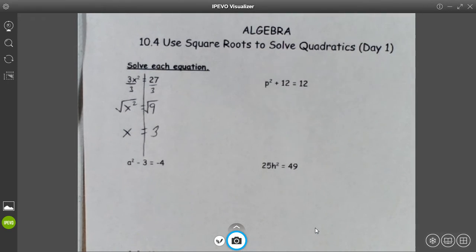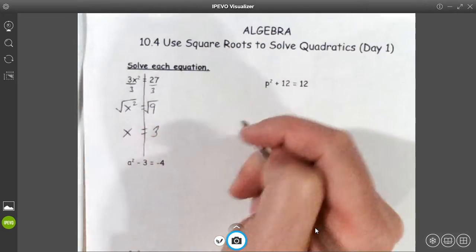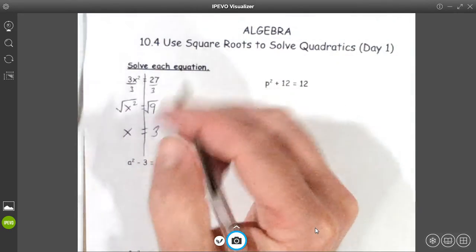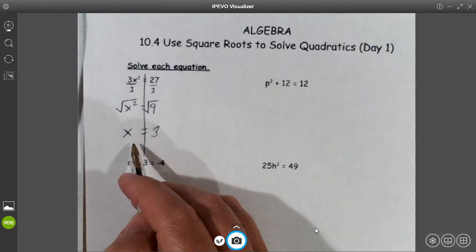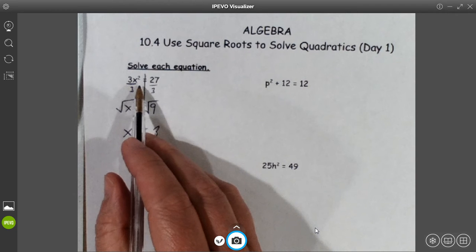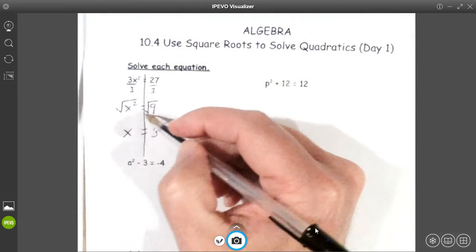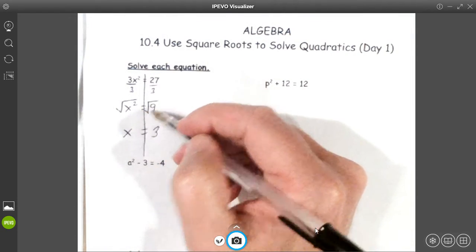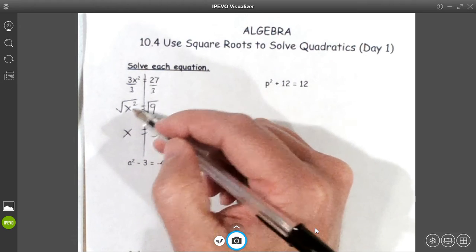Now, we got one of our solutions here. We know with quadratics, I'm typically talking about two different solutions. Well, if I go back to this equation, x squared equals 9, and I'm looking for values of x that make that true, what number squared would equal 9?